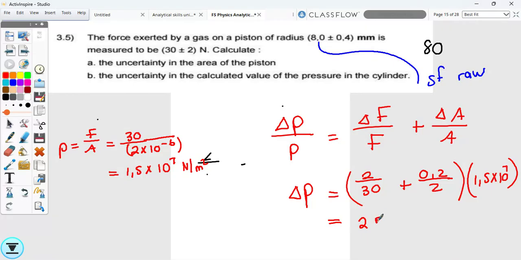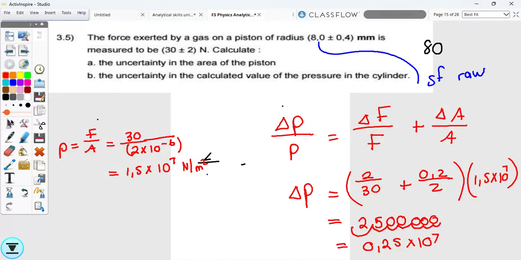There we go. Okay, but now, remember, we want it to be to the same power of 10. So now we have to say, okay, if it's there, it's 1, 2, 3, 4, 5, 6, 7. So that means this is going to be 0,25 times 10 to the 7.